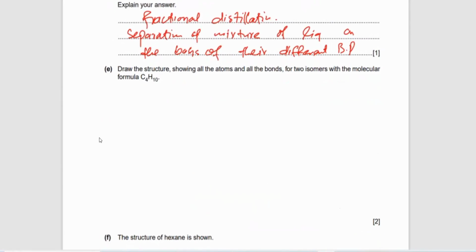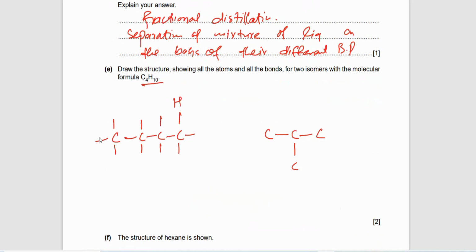Draw the structure showing all the atoms and all the bonds for two isomers with the molecular formula C4H10. It is an alkane, 2 more than double. Double is 8 and 2 more than double is 10. So C4H10. This one 1 2 3 and 4. Now their valences are satisfied with the hydrogen. 1 bond is here, 3 bonds with hydrogen, 2 bonds with hydrogen, and 3 bonds with hydrogen.